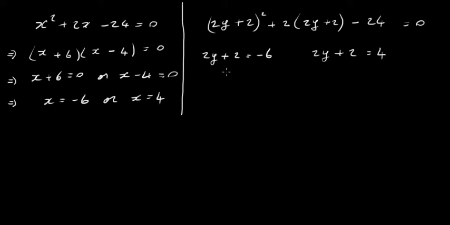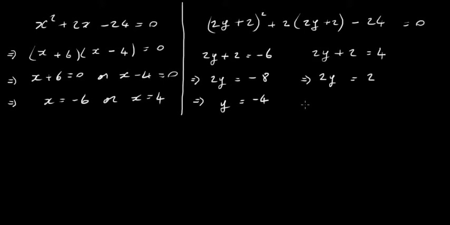Let's just solve this. We get rid of this 2 here, so subtract 2 from both sides. That'll give me minus 8 here. Divide by 2, so you get y equal to minus 4 on this side if you divide by 2. Over here, subtract 2 from both sides, so you get 2y is equal to 2.